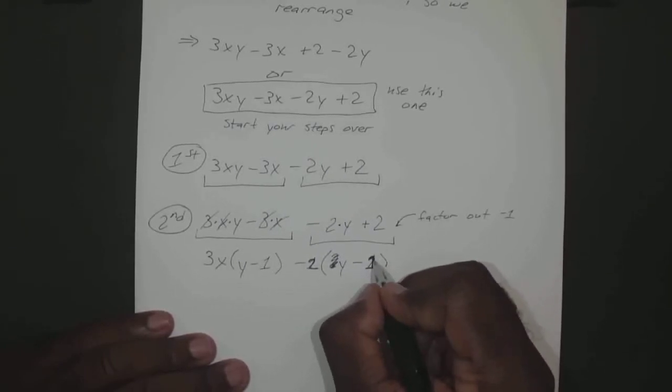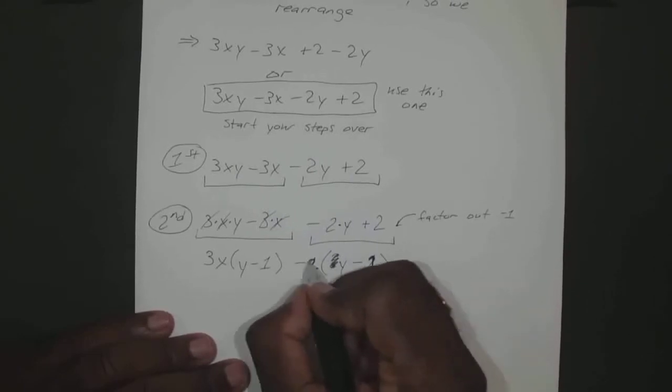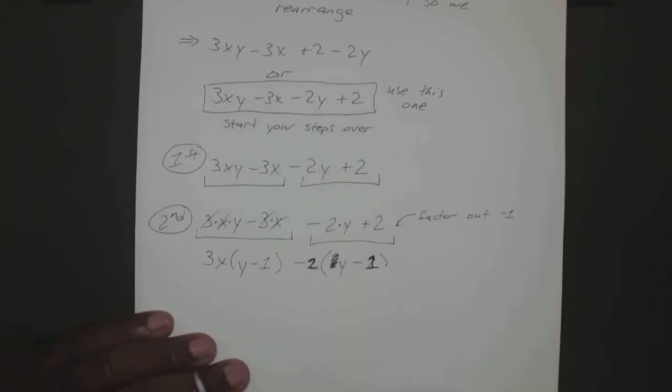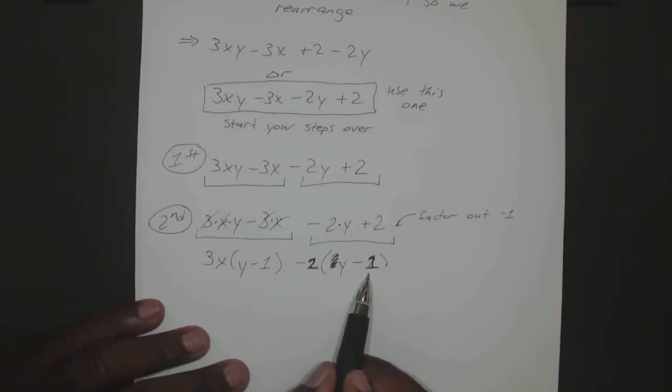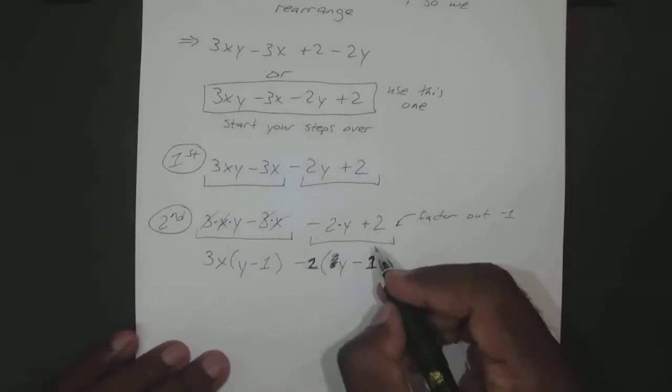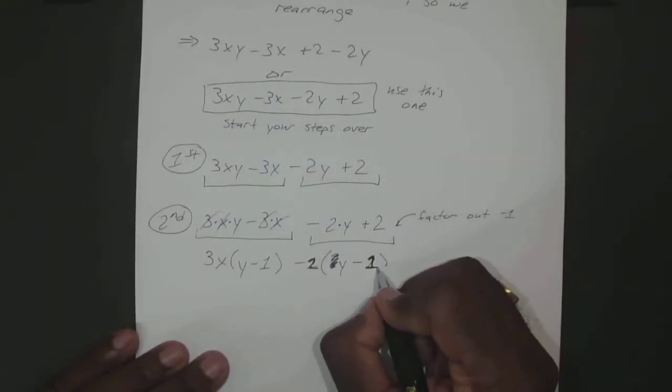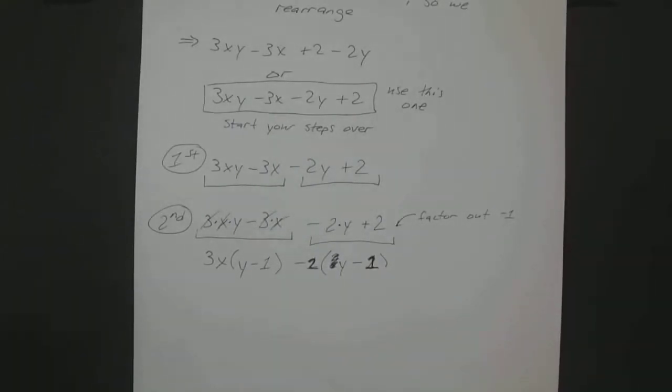And the reason you want to be careful with that minus sign is because it's really easy to make that a plus again. But you can always double check it by distributing negative 2 times y is negative 2y, negative 2 times negative 1 is positive 2. Okay. So that's why that middle term, you want to be careful with it. It's really easy to get tripped up by that one.